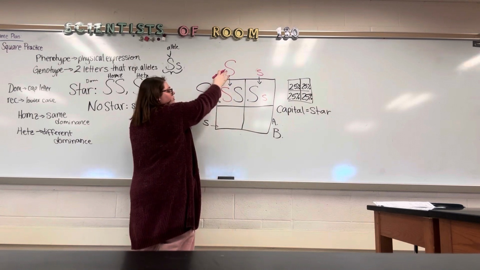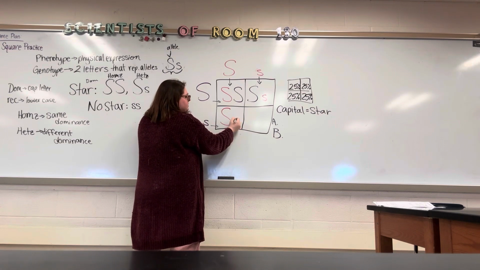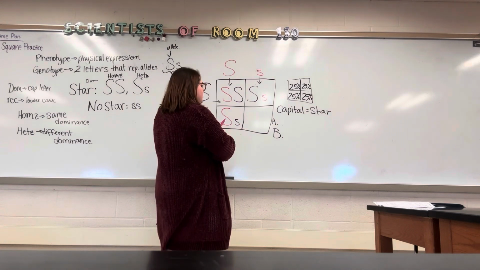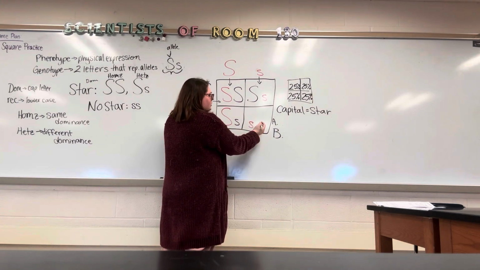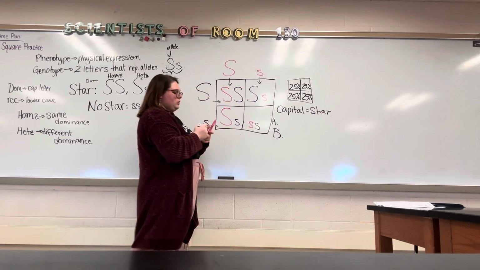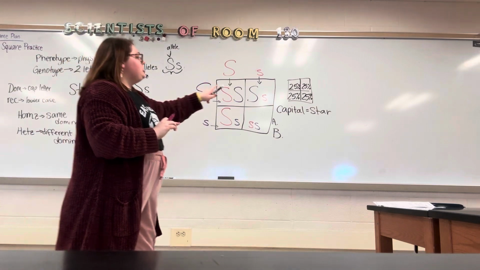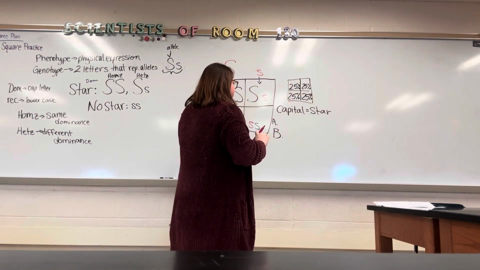Okay. Third box, we pull down, then we pull over. This time we pulled over a little s. Okay, and for this one, we pull down a little s, we pull over a little s. Okay. And remember what I said before. Each box is a 25% chance.